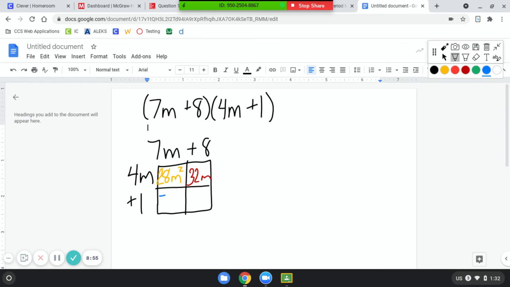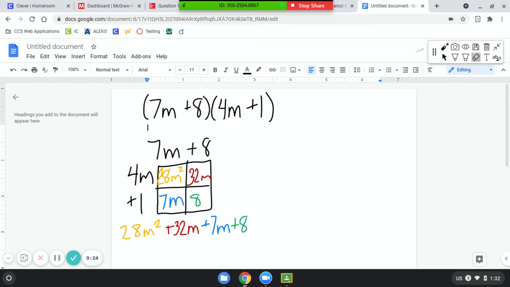7m times 1 is going to give me 7m. And then 8 times 1 is going to give me 8. So I'm going to write all of that out. 32 is positive. 7m is positive. So plus 7m. And then plus 8.